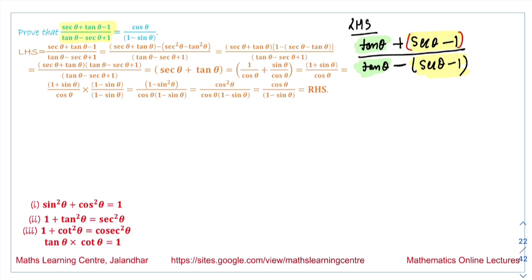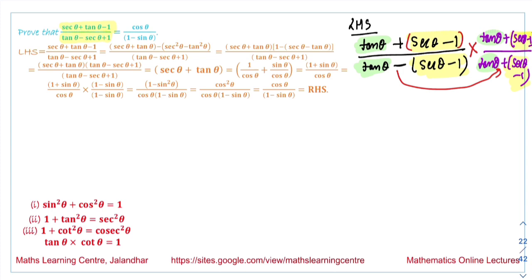So what we are going to multiply and divide here is tan theta plus secant theta minus 1 over tan theta plus secant theta minus 1. We are saying this second term is secant theta minus 1, and the first term is tan theta. It was a minus sign here, so we have taken this sign as plus.